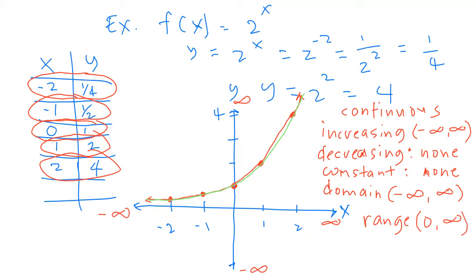So that would be the range. Okay, so those are the things that we know for this function, exponential function f of x is equal to 2 power of x.